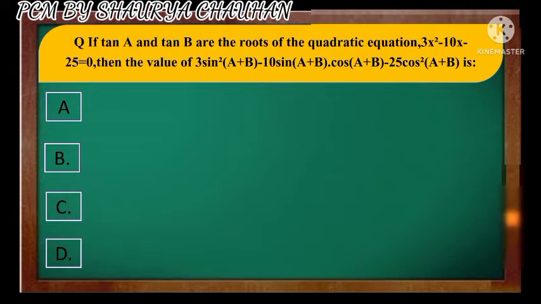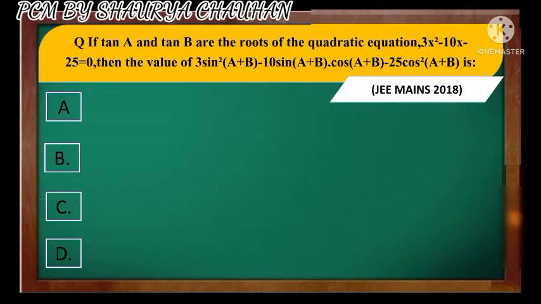Now this question came in JEE Mains 2018, so this question is a PYQ. All the questions covered in this video are PYQs, so don't miss them. The options are 10, minus 10, 25 and minus 25.